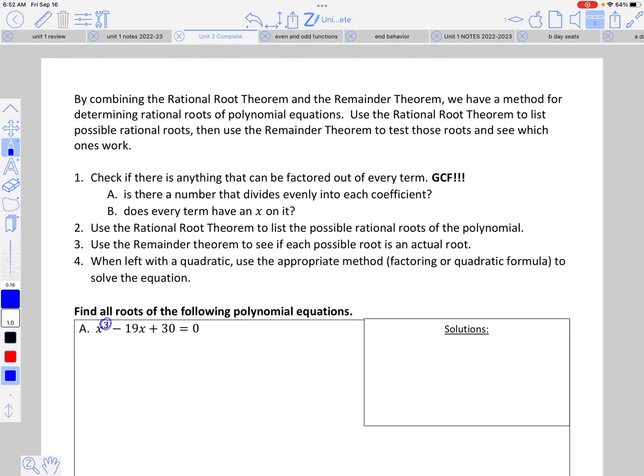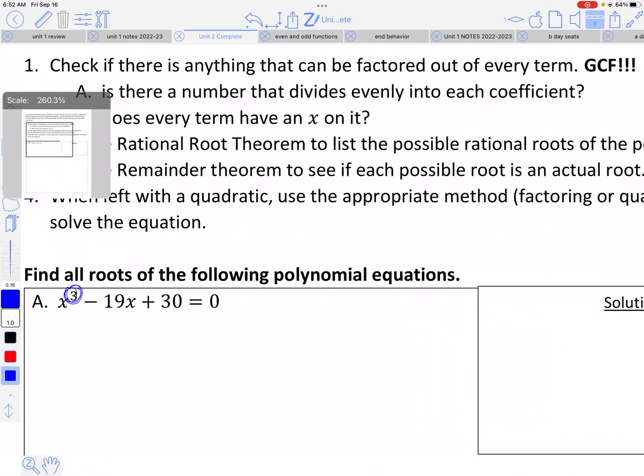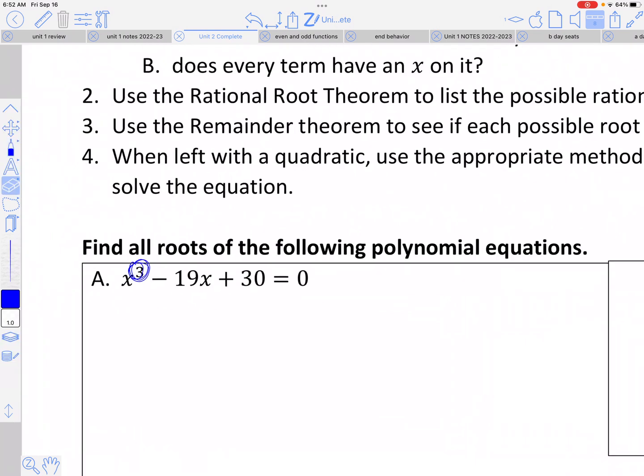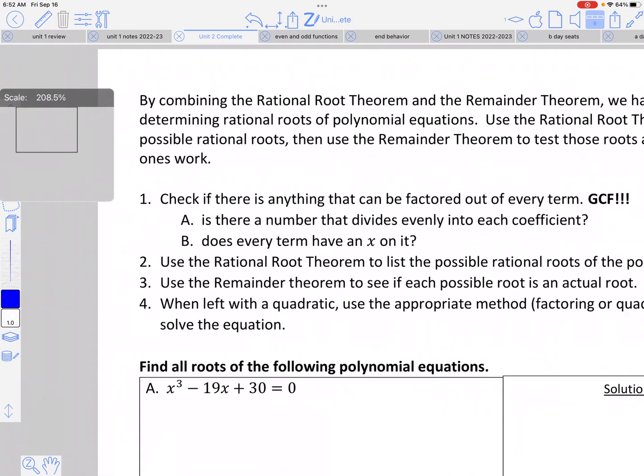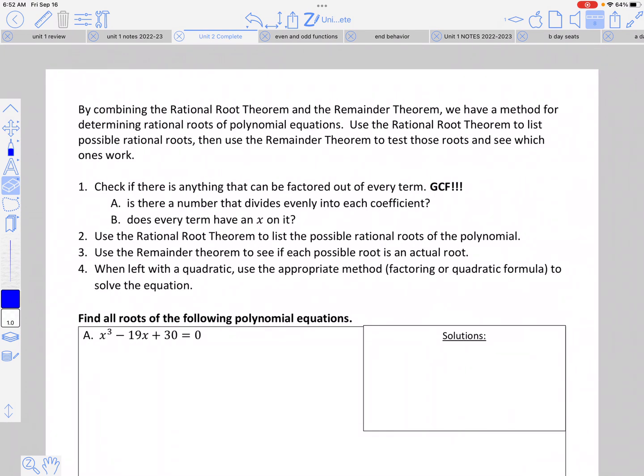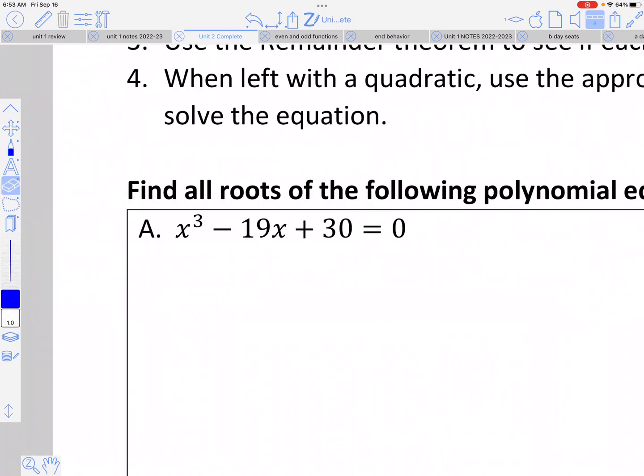So I have a list of things that you're going to do here. The very, very, very first thing that you're going to do is check if there's a GCF. There's not an A, so I'm going to skip that step. And then 2, use the rational root theorem to come up with your possible list. So our Q is 1 and our P is 30.